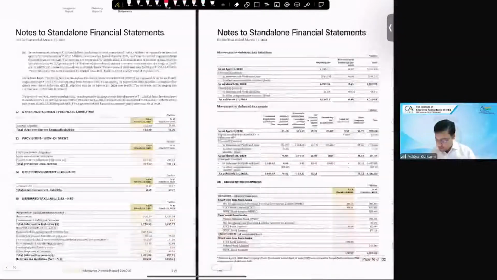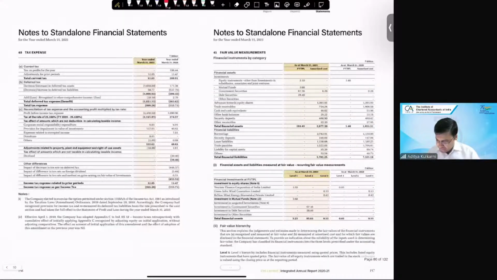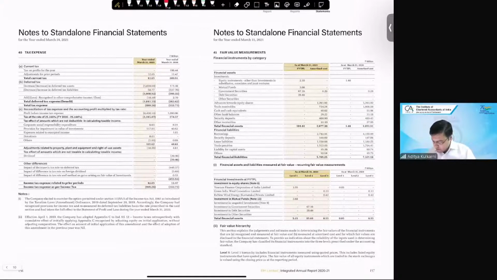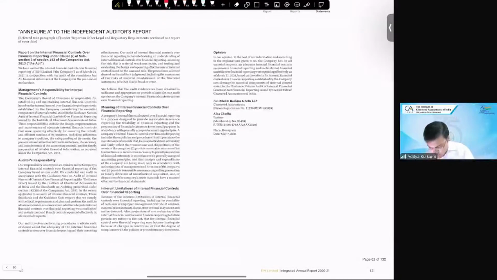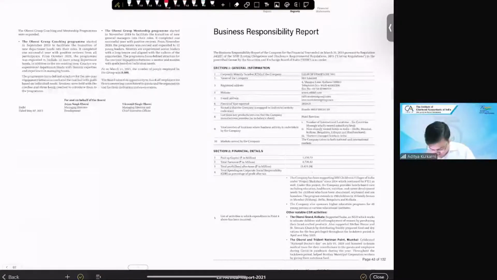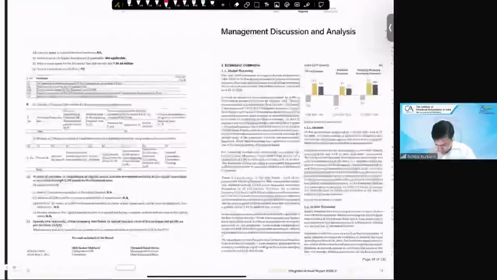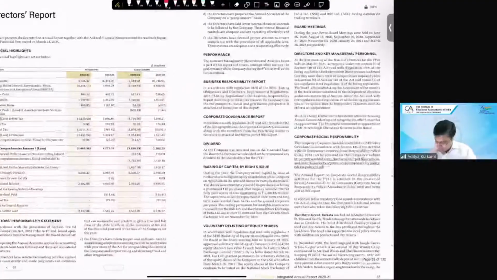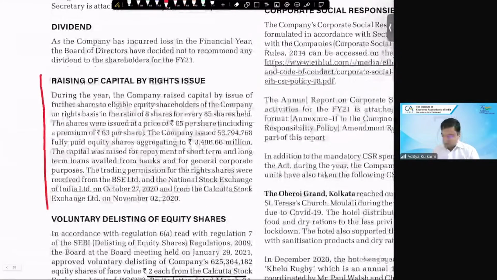Okay. So now let us look at this note number 56. What is given? We come to page 63 of the annual report. Is this visible? Yes, sir.